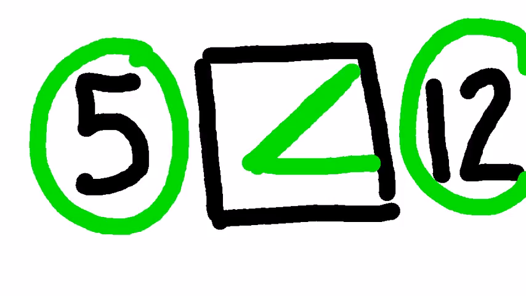Since 12 is the larger number, Al's mouth points to the 12 because he always prefers to eat the larger number. So now, looking at this equation, we see that we used the less than Al. So when you read this, it reads 5 is less than 12.